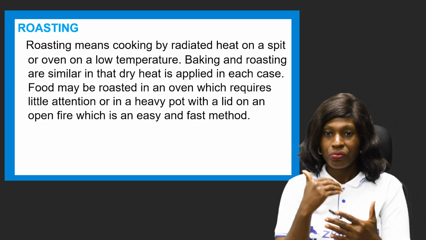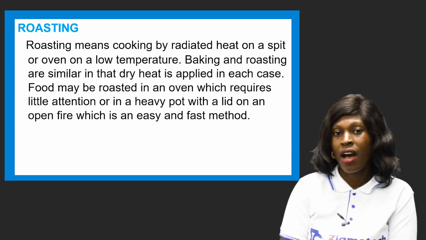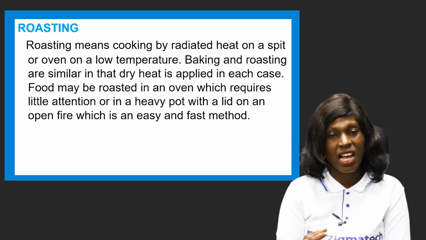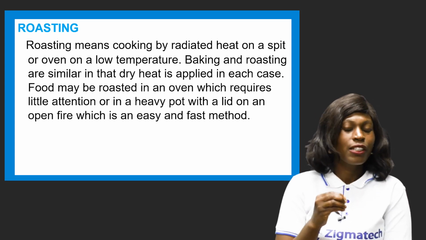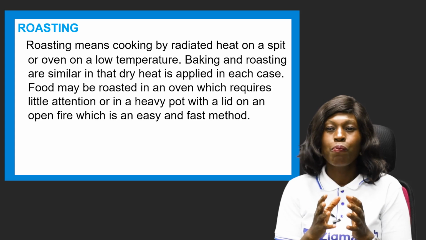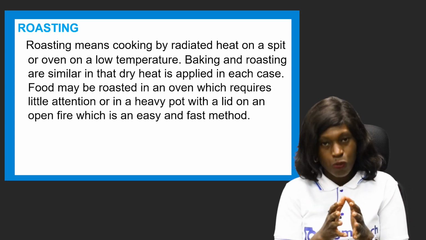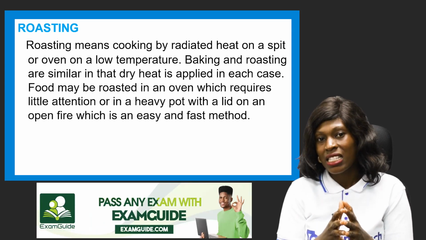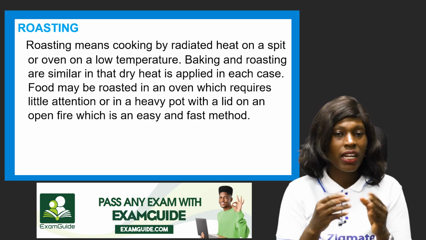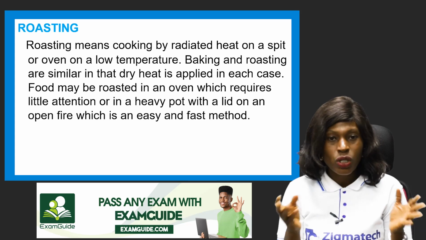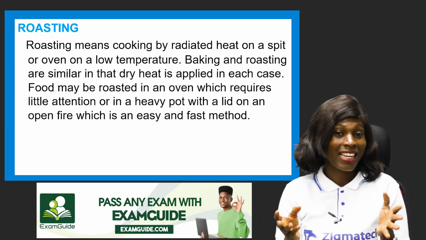So now roasting too has to do with what? Dry heat, as it is with baking. But roasting does not require you to be in an enclosed space. It doesn't say you have to be in an enclosed space as it is with baking. It can be done in an open fire. You can roast in an open fire, as against what?